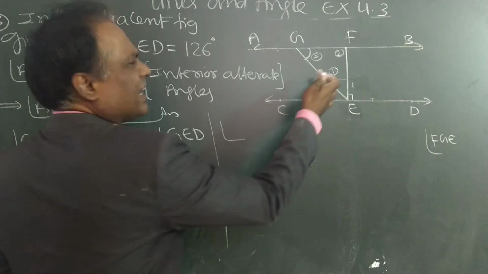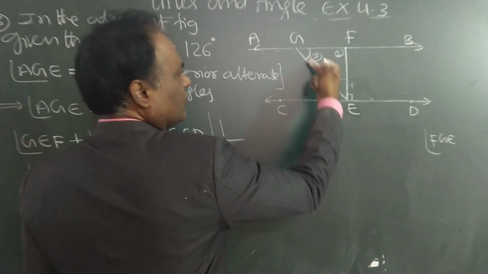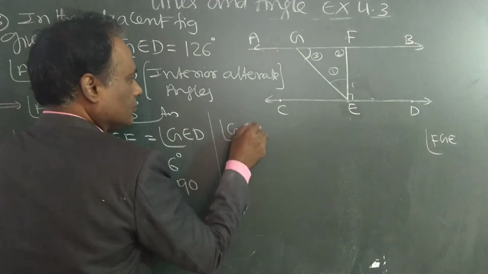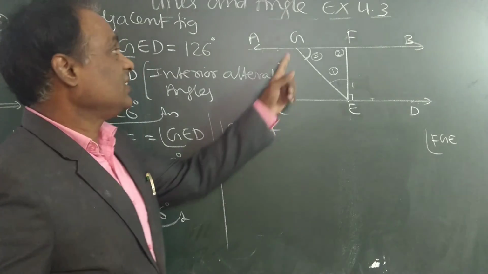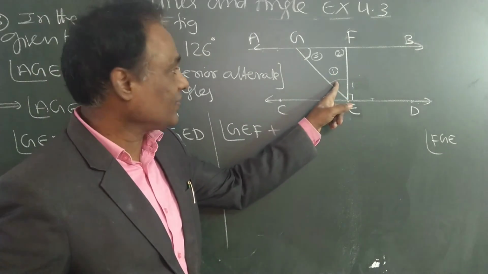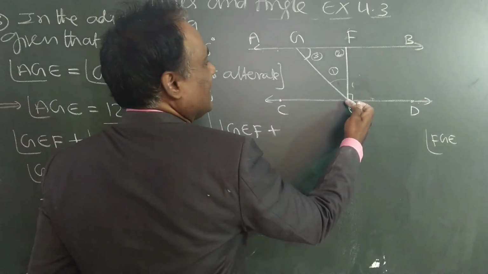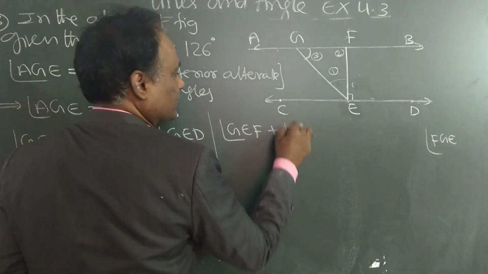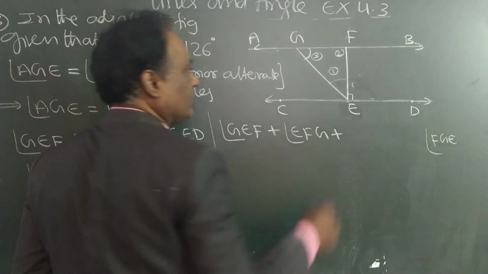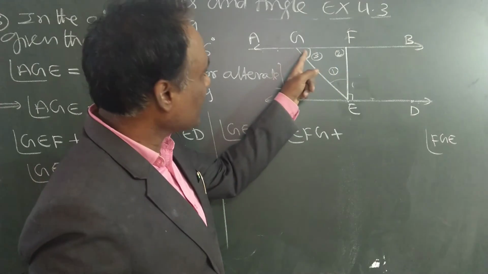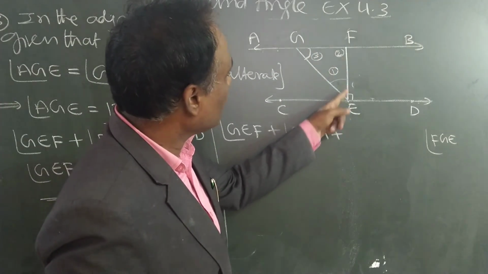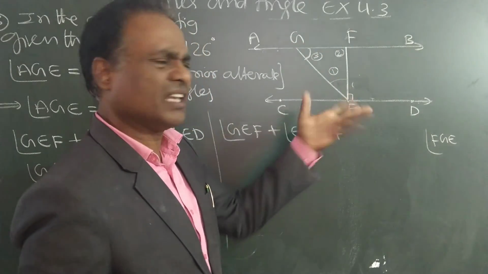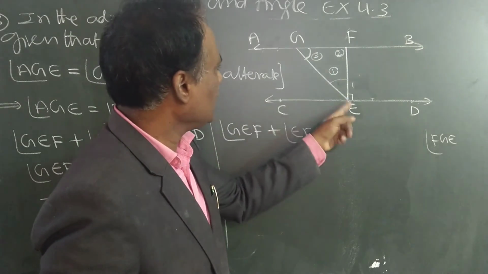We don't write 1, 2, 3; the standard notation is GEF for this angle, plus this angle EFG, plus this angle FGE. You can write it as EGF or FGE anyway.